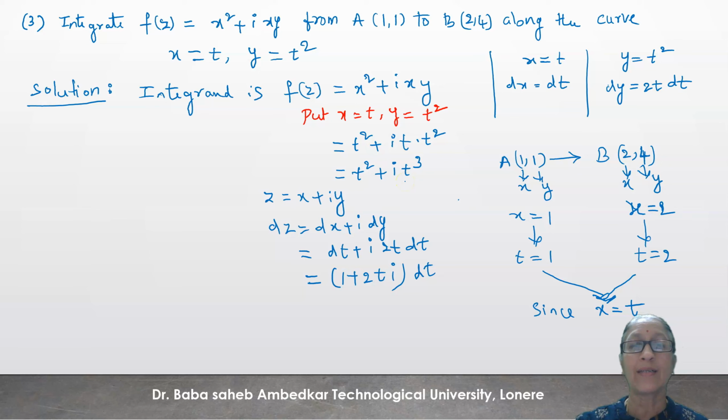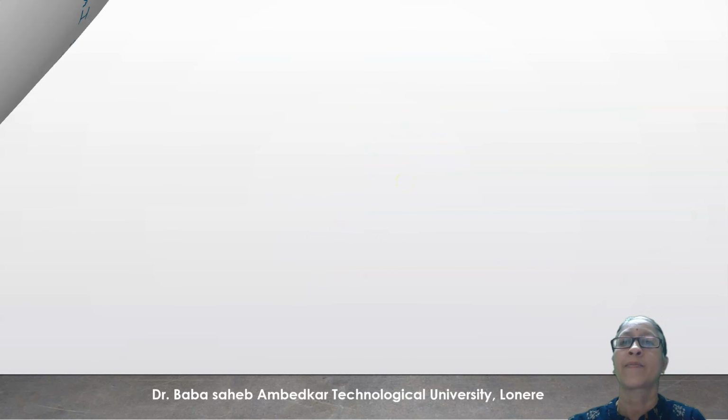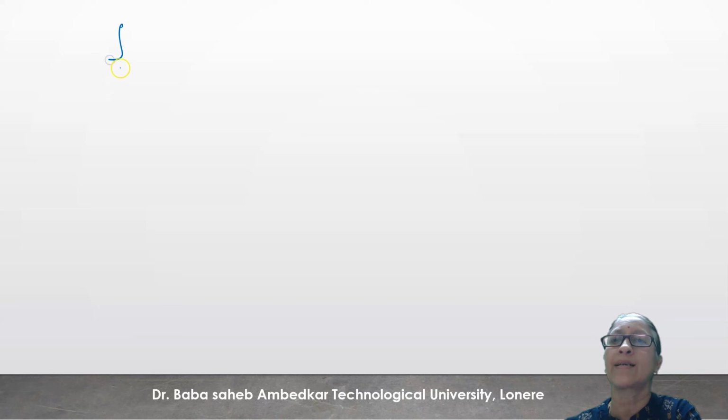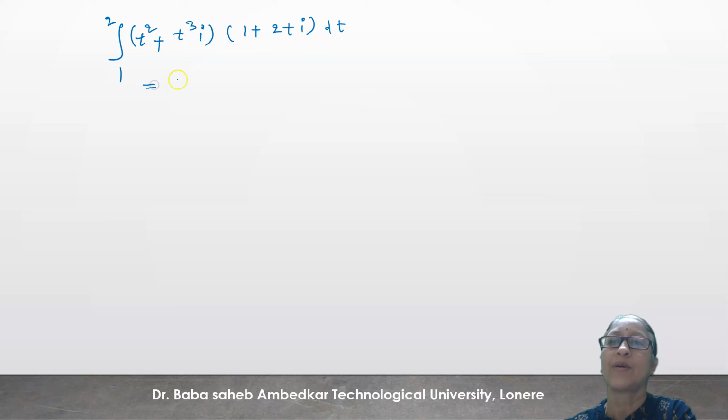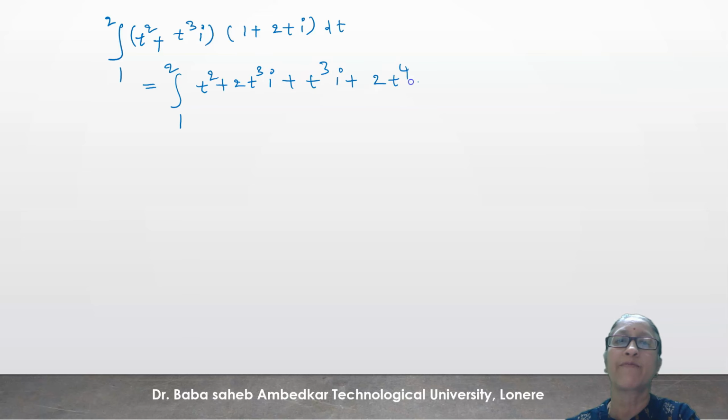So now let us find this integral: integral 1 to 2 of (t square plus t cube i) into (1 plus 2ti) dt. Let us multiply these brackets first. We get t square plus 2t cube i plus t cube i plus 2t power 4 i square dt.